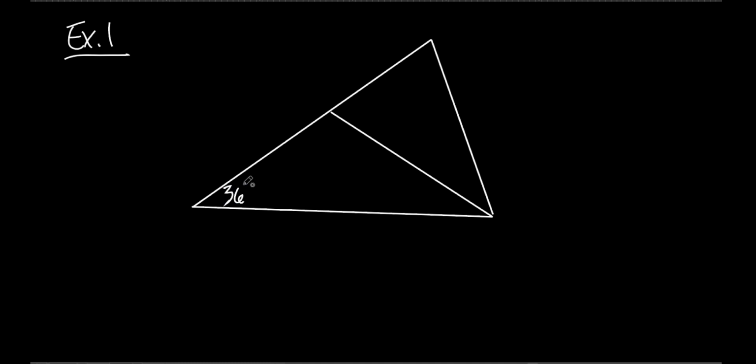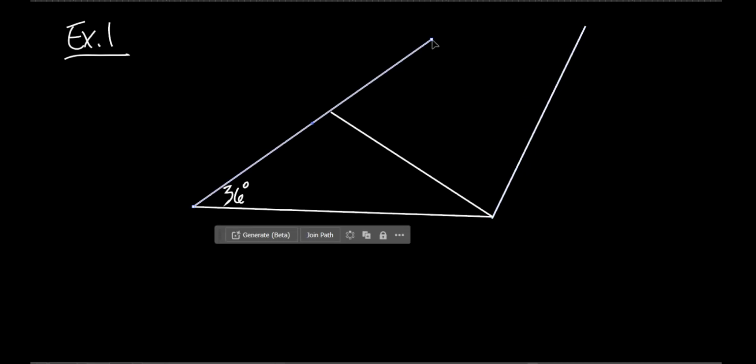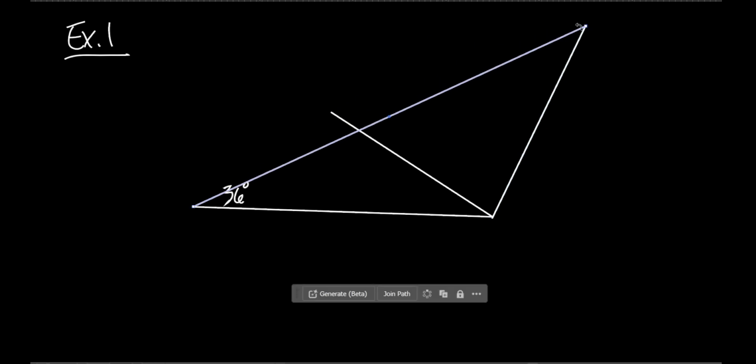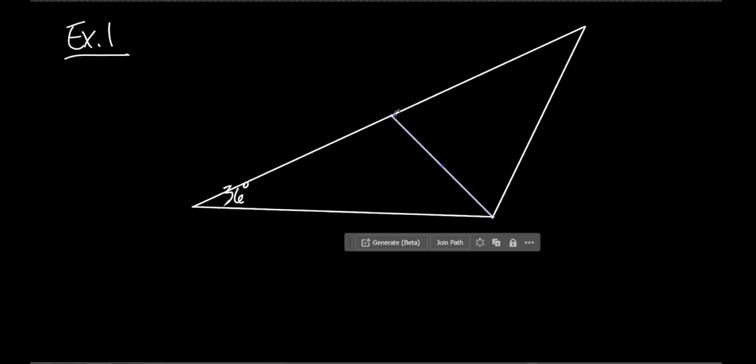They tell you that this angle right there is 36 degrees. Oh, you know what? I completely drew this wrong. Sorry. Don't draw it like that. Let's do that. And let's do this. There we go.